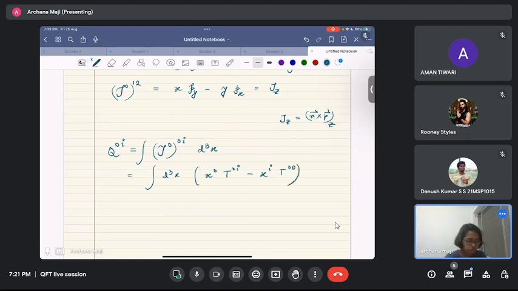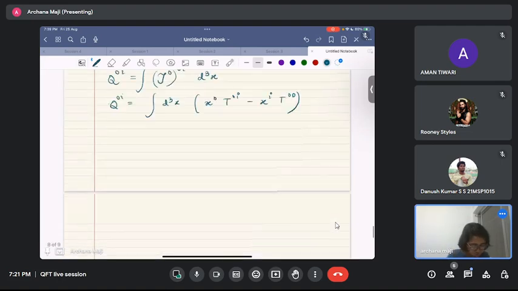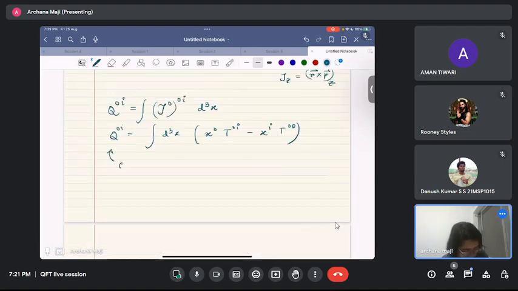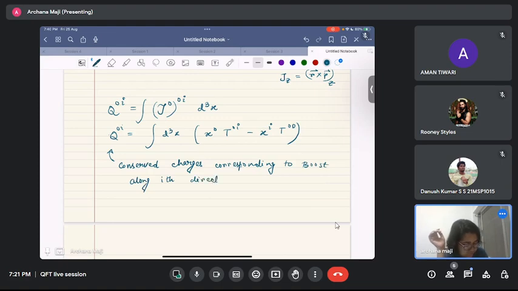Okay, so these are the conserved charges corresponding to boosts, boost along the ith direction. Is it clear?